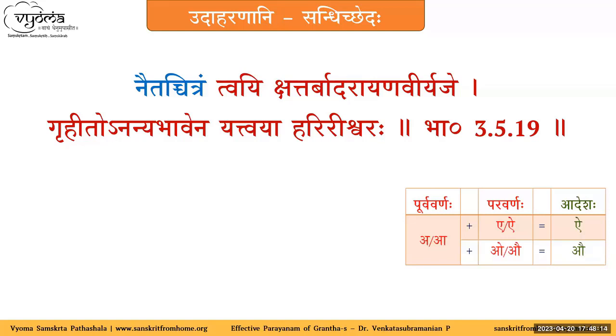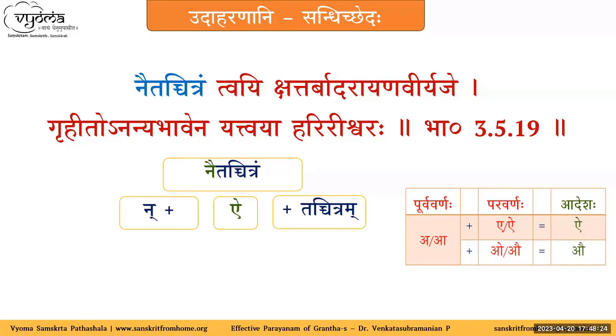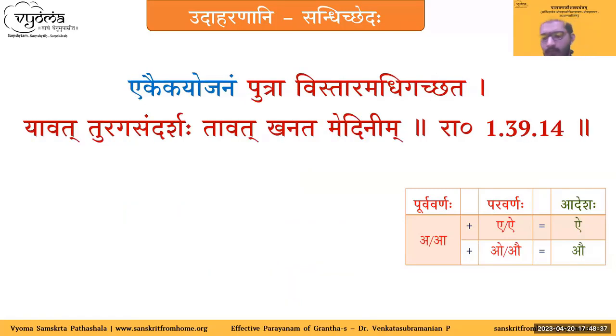Naitachchitram: na etat chitram. Uttam. What is the Purva Varna, Paravarna and Adesha? Purva Varna is a, Paravarna is e, Adesha is ai. Uttam. Na etat chitram. Dhanyavadah.